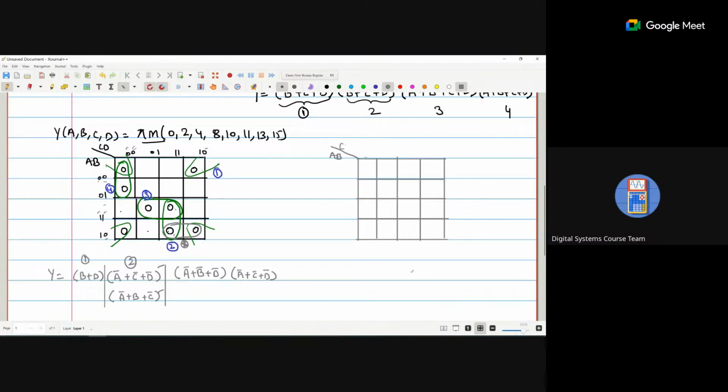A, B, C, D. So here 0, 0, so 1, 1 will be represented here, these two positions, this one and this one. Okay, 0, 0, 0, 1, 1, 1, 1, 0, 0, 0, 0, 1, 1, 1, 1, 0.